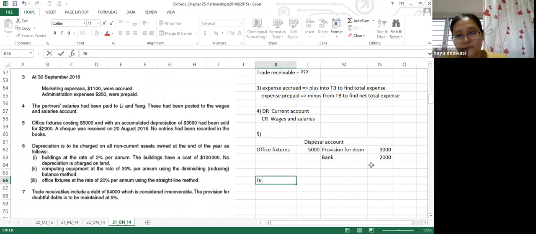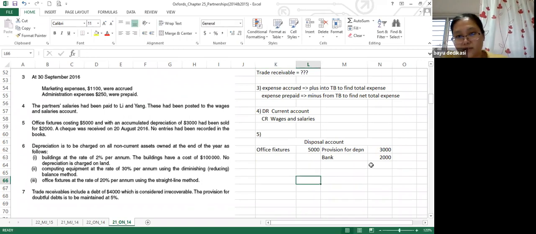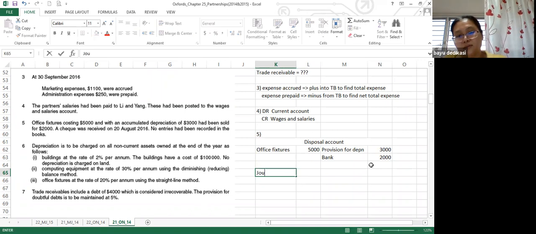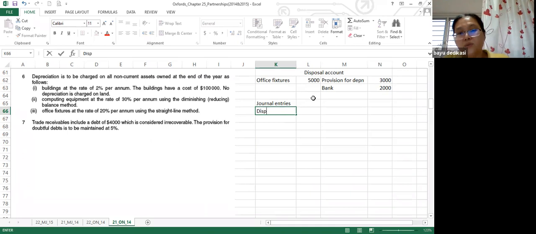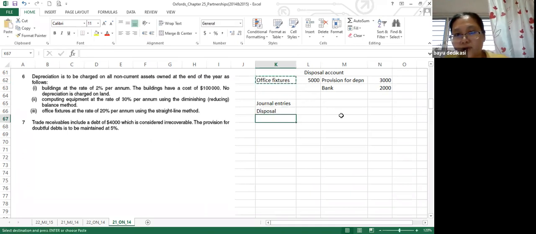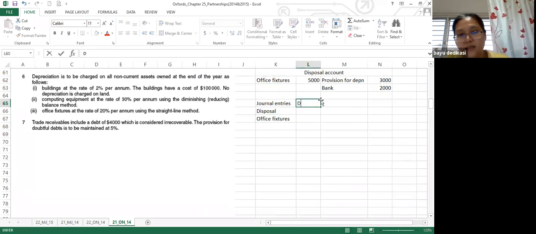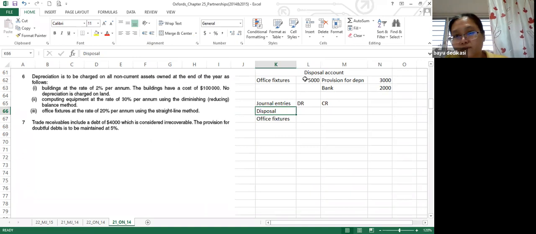So your double entry will be: debit. Okay, I put the journal entry information here. So all these journal entries later on affect your calculation. Take notes for it. So debit disposal, credit office fixture, 5,000, 5,000.